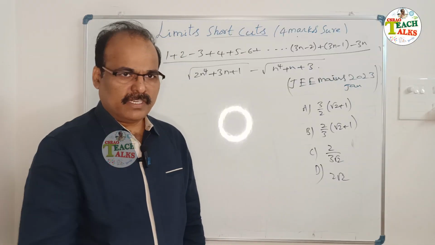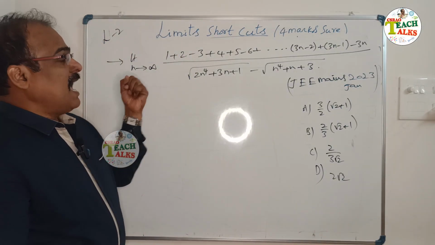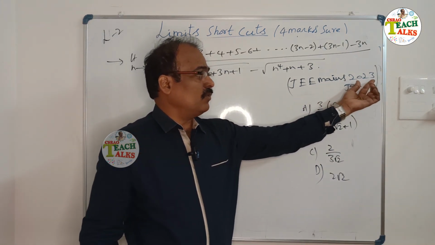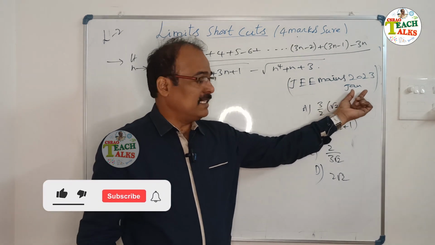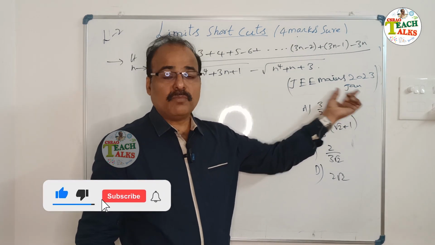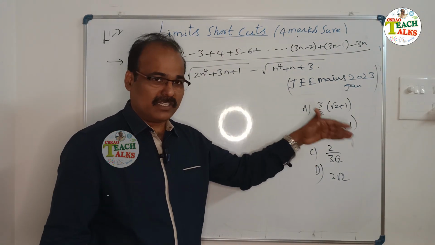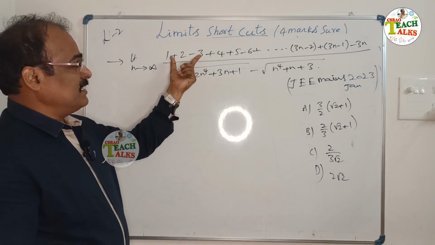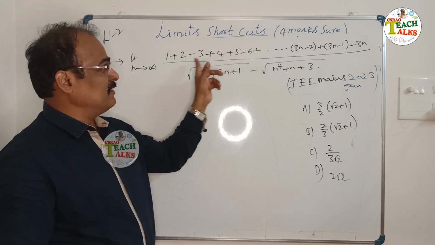Okay students, we are going to explain one more problem that appeared in the JEE Mains 2023 January first session. I am going to use the shortcut. How will we use the shortcut? You see here 1 plus 2 minus 3, this is one pattern, and 4 plus 5 minus 6.